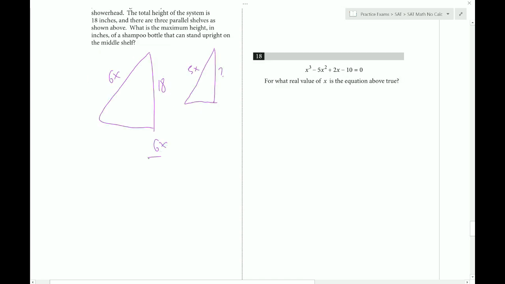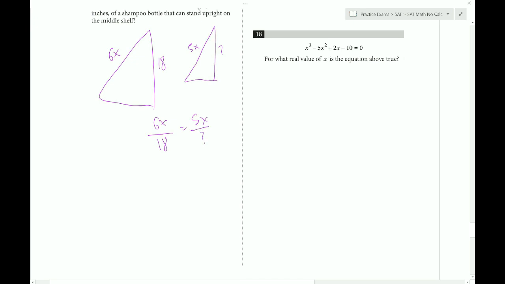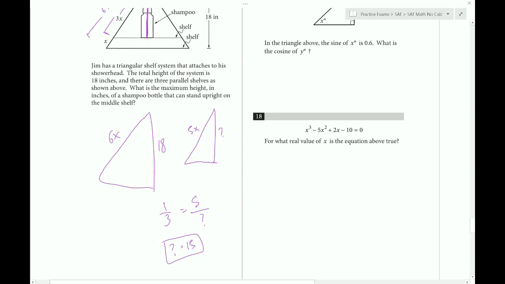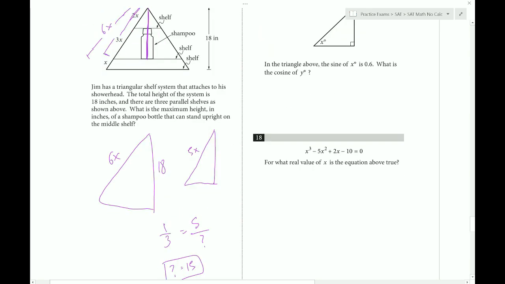So 6x over 18 equals 5x over question mark. The x's can cancel. You just divide by x on both sides. And 6 over 18 is really 1/3. Let's rewrite that as 1/3. And then we can cross multiply. We get question mark equals 15. So that gives us our height of that entire thing would be 15.